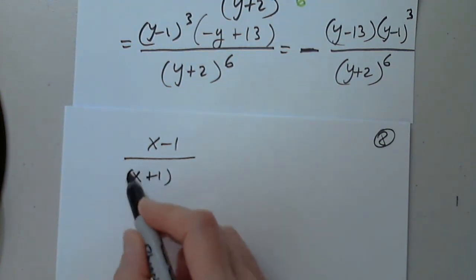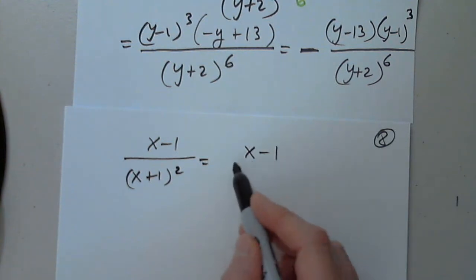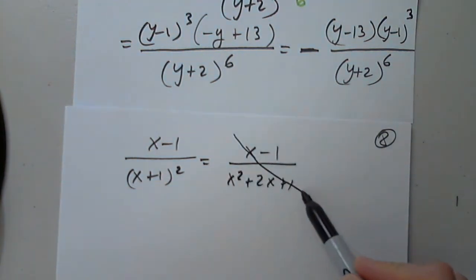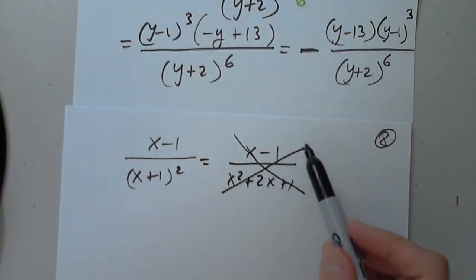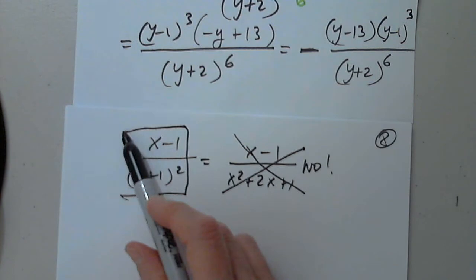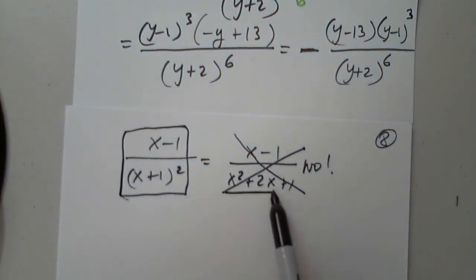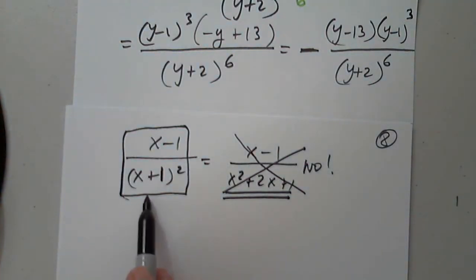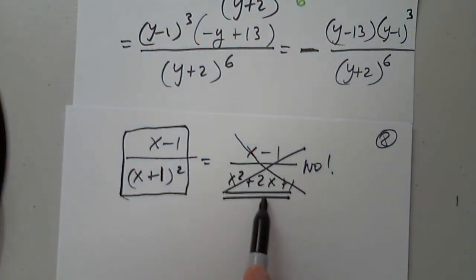Let's say x plus 1 squared, and then they wrote x minus 1 over x squared plus 2x plus 1. We do not want this. No, we want this. So please do not expand the factors in the denominator. Waste of time, and this is what we need, because this is useless.